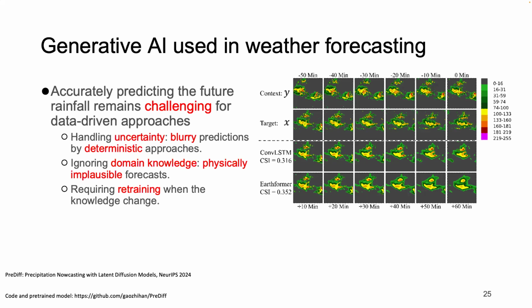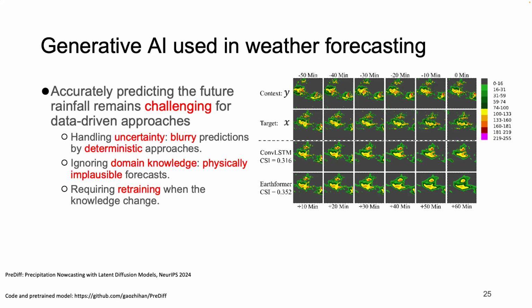For the current models, which ignore the domain knowledge, sometimes they produce physically impossible results. Just like the recent news about Aurora, it's also violating the physics rules. And if you want to change the knowledge, you will also require pre-training.